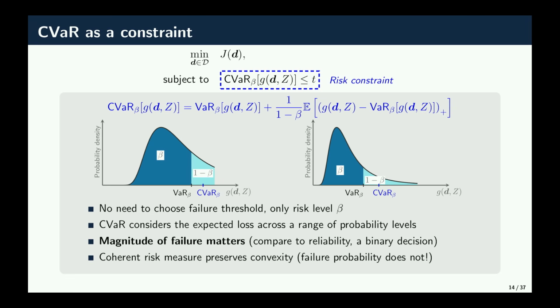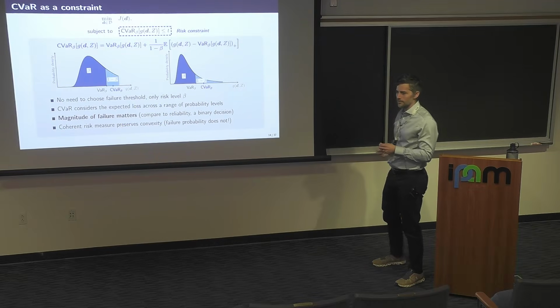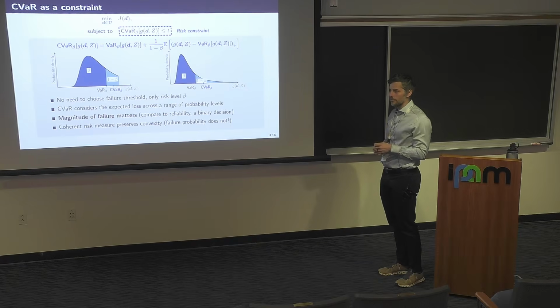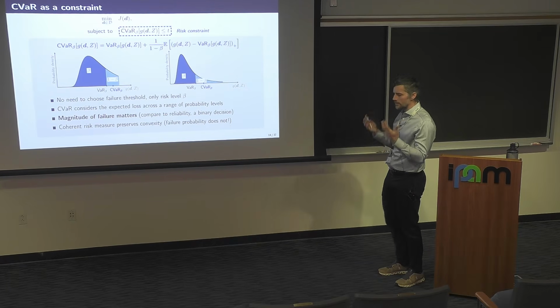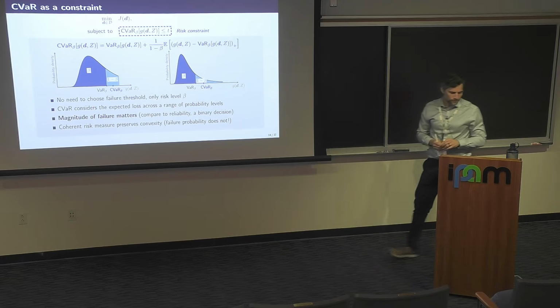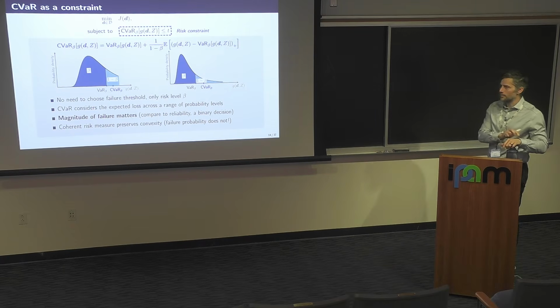But you could have failed by 80% or you could have failed by 1%, and I would argue that one of them should be weighted heavier than the other one. Therefore, in CVaR, since you're computing a tail integral, you have to take into account the value of the quantity of interest. You don't just count, you take into account the value of the quantity of interest. And therefore, I think it's a really nice way to use these in design optimization.